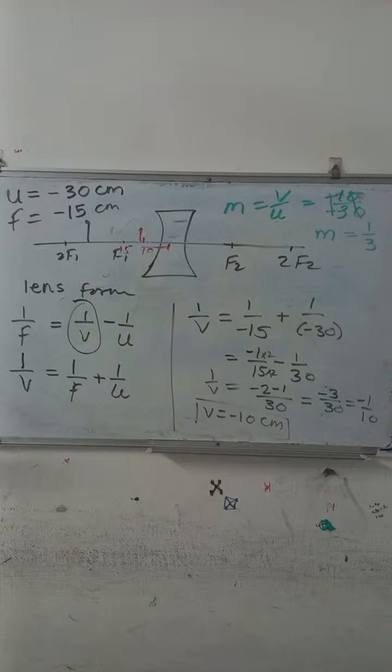If the image formed by a lens for all positions of an object placed in front of it is always erect and diminished, what is the nature of this lens?